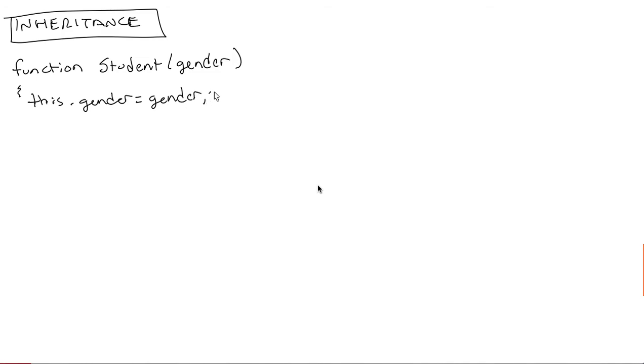And I'm also going to make it kind of interesting because I want to help you distinguish between the student and the person. And so the way I'm going to do that is I'm going to say this.sayHi equals a different function.